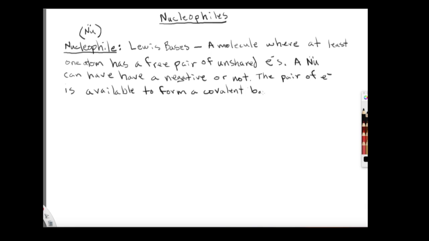That's an important thing to put in here. I don't want to leave it out, and I think I'm going to go ahead and underline it. So a pair of electrons is available to form a covalent bond.